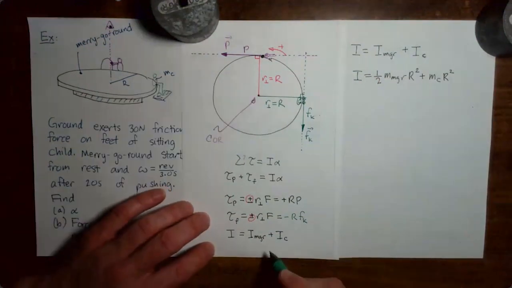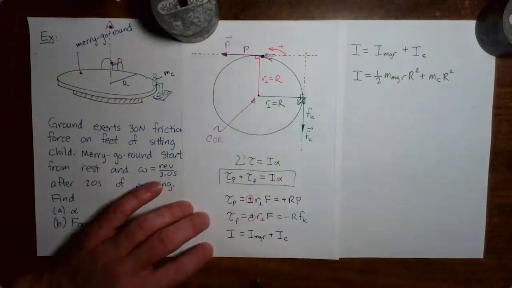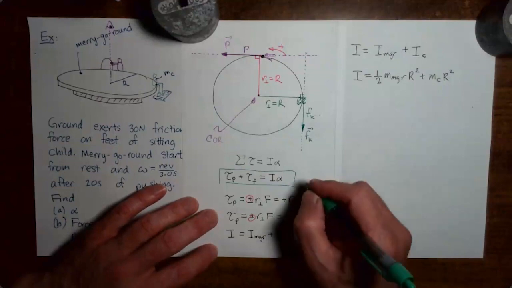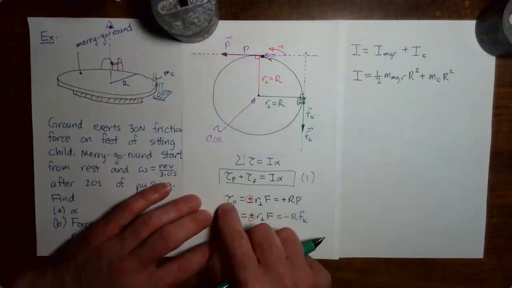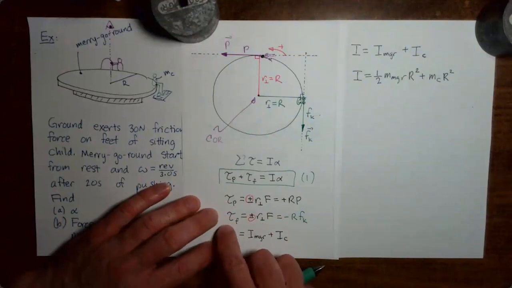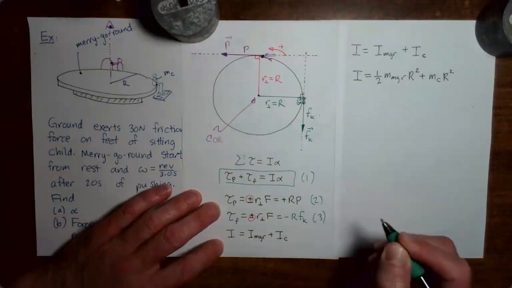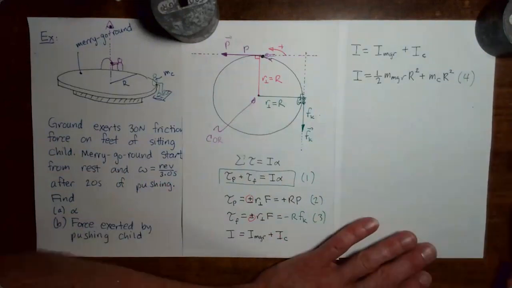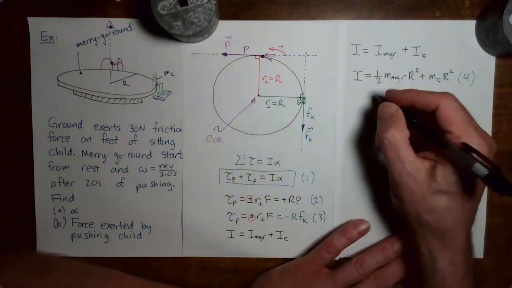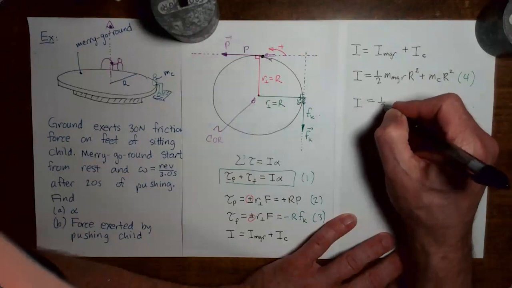Okay, so let's see where we are here. This is Newton's second law for rotation applied to this problem. Let's call that equation 1. And then we worked out the torque from the pushing child and the friction on the other child's feet. Let's call those equations 2 and 3. And then we have the moment of inertia over here. Let's call that equation 4. Before I proceed, let me rewrite the moment of inertia by factoring out the r squared.